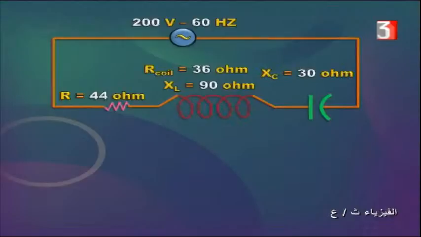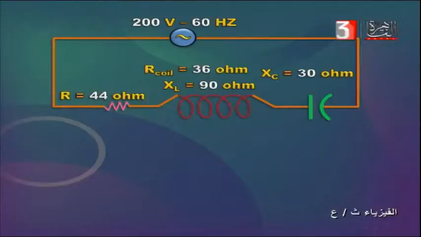What about the figures we've got? 200 volt, it is the effective value of the voltage, frequency 60 hertz. We've got an ohmic resistor, its value 44. The coil has an ohmic resistance of 36 ohm, and inductive reactance 90 ohm. Capacitive reactance is given to be 30.